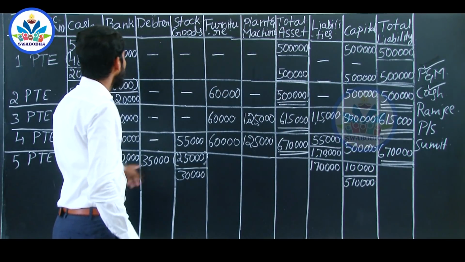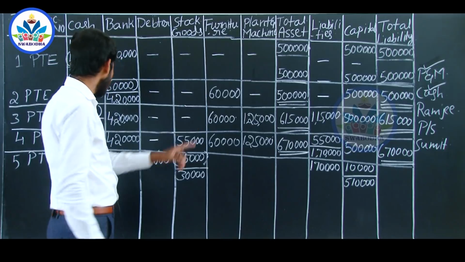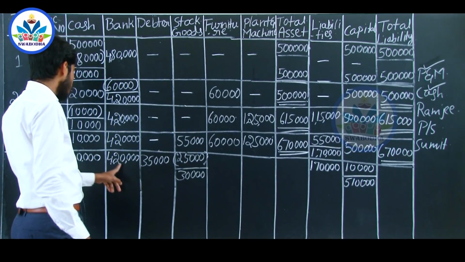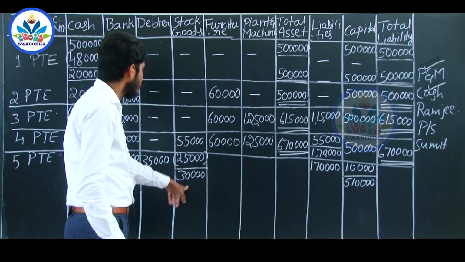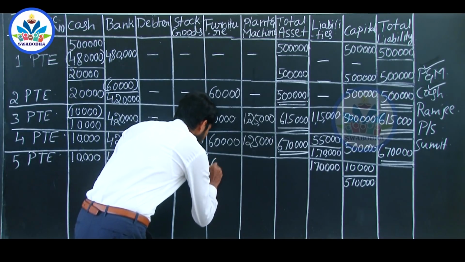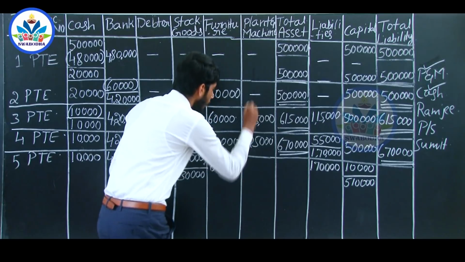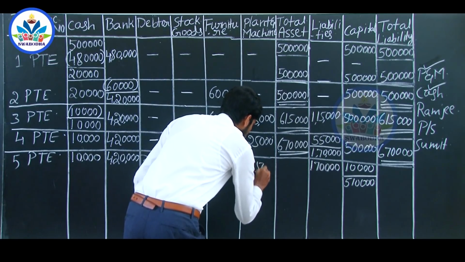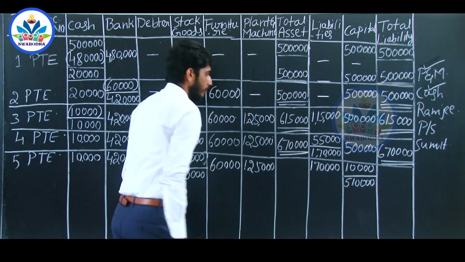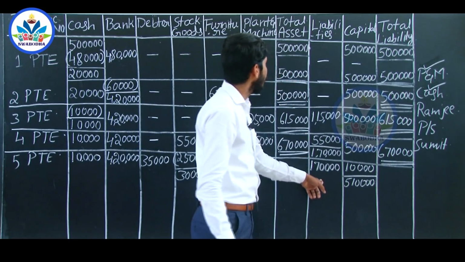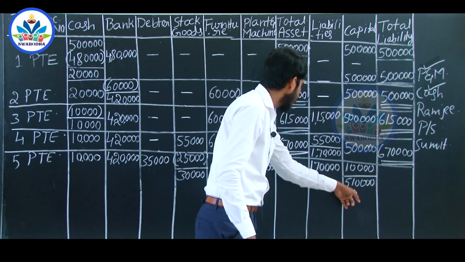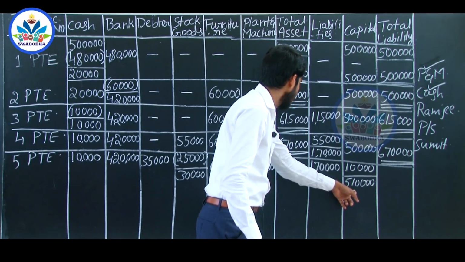Now, calculate the total of assets and total of liabilities. 10,000 plus 4 lakh 20 plus 35,000 plus 30,000 plus 60,000 of furniture and 1 lakh 25,000 of plant and machinery. On the other side, 1 lakh 70,000 of liabilities and 5 lakh 10,000 of the capital amount.